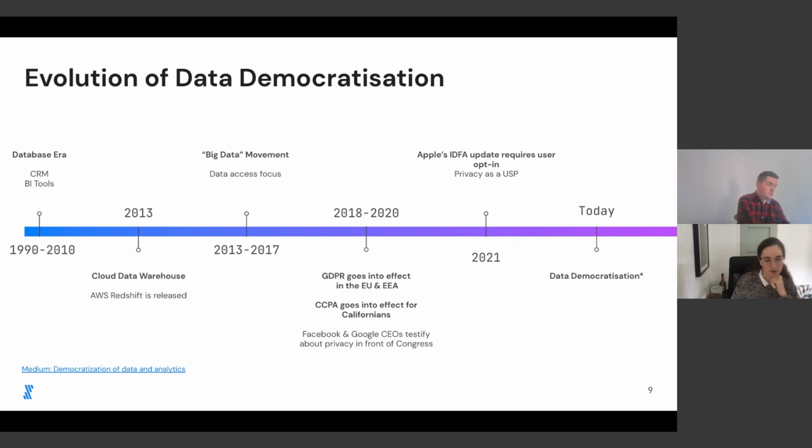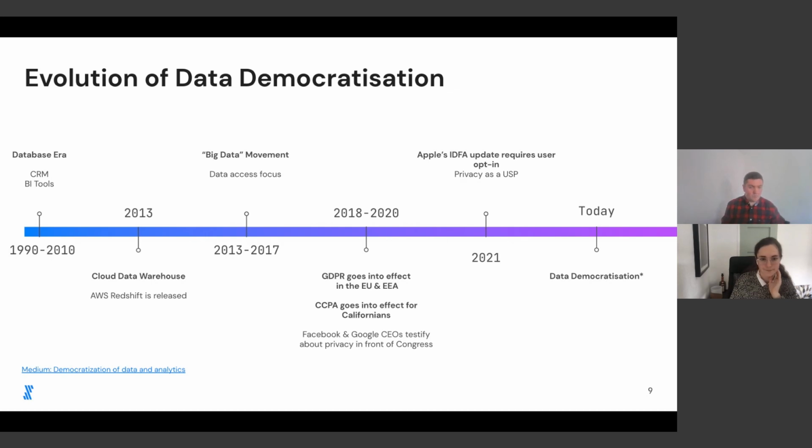That Ngram graph I showed you previously only goes up to 2019, because that's the only data we have available. But I would be curious what it would look like if it went up to current time, or if it would be any different.